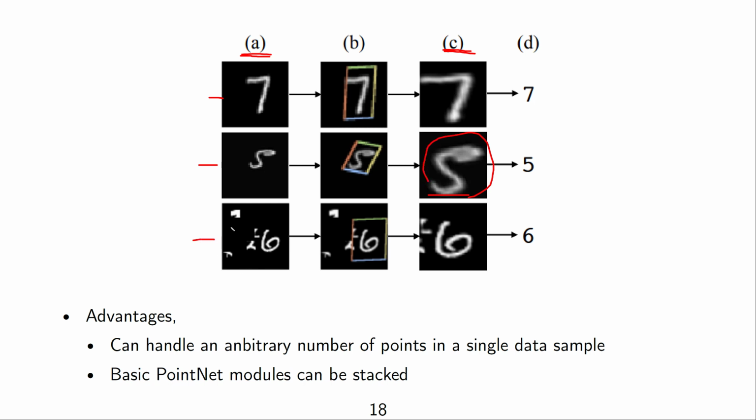And then in the last row, we see there's some other stuff here as well, but the spatial transformer still manages to zoom into the 6. Maybe this fit is a bit less tight than for the other 2 rows, and then again it outputs the 6 as shown here in column C.